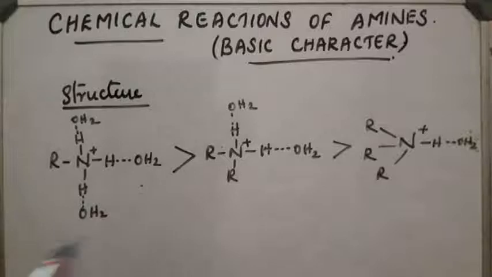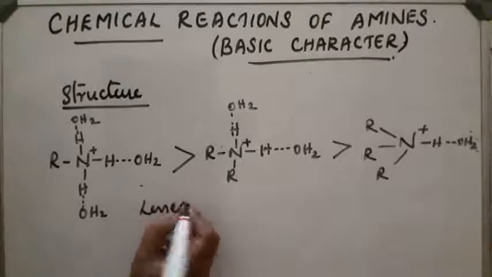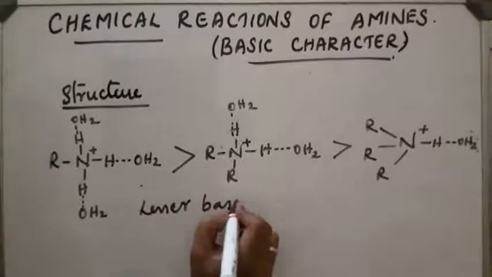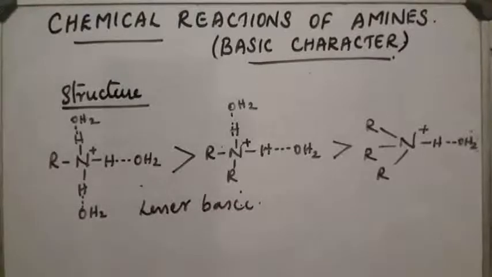So the stability order will be like this according to the solvation effect. Lesser stability means less basic, so tertiary amines are less basic compared to the other two. Also we can see that this is a bulkier group.